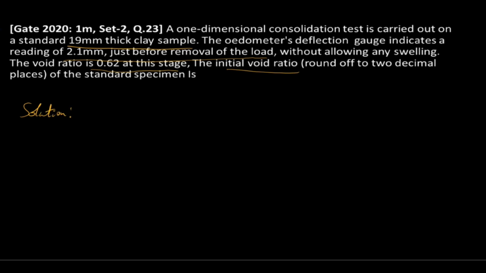They have given the initial thickness of the clay sample, that is H naught equal to 19 mm, and delta H, which is the deflection gauge reading before removal of load, that is 2.1 mm. Also they have given the final void ratio, which is 0.62, and we need to find out the initial void ratio.